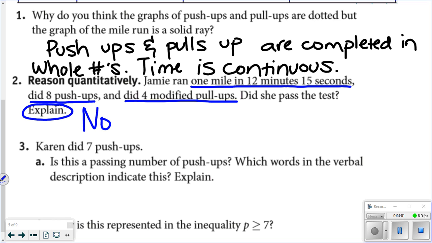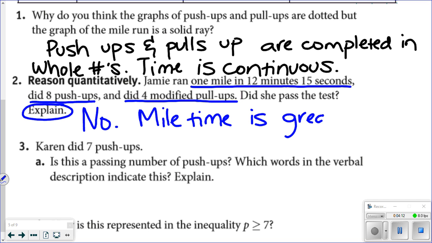No, she doesn't pass. Why? Because of her mile time. Her mile time is greater than 12. It said it had to be completed in 12 minutes or less.